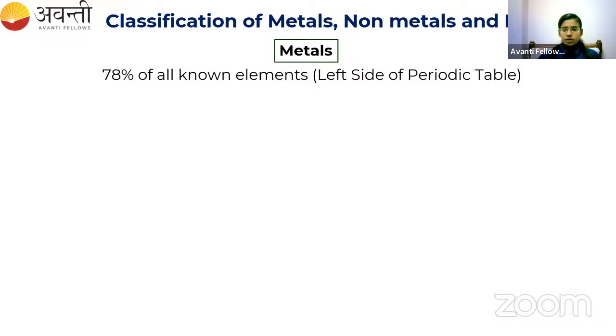Yeah, I will come to this, my dear students. Varalakshmi is asking me one question: why uranium to lawrencium? The elements which are present after uranium are called trans. Trans means which is next to a particular element. That's why they are called trans-uranium elements, which are highly radioactive and unstable in nature.